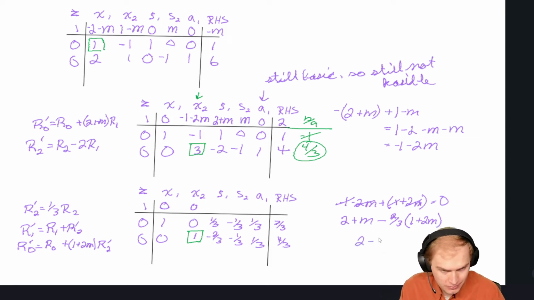So 2 minus 2/3 plus m times 1 minus 4/3 is 4/3.